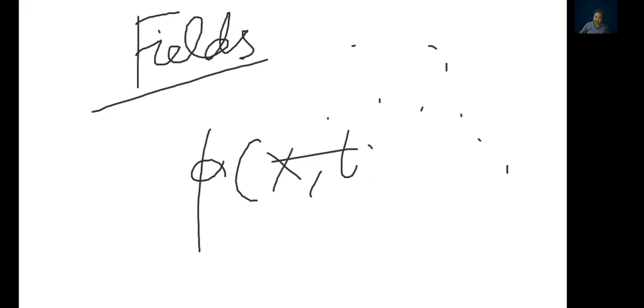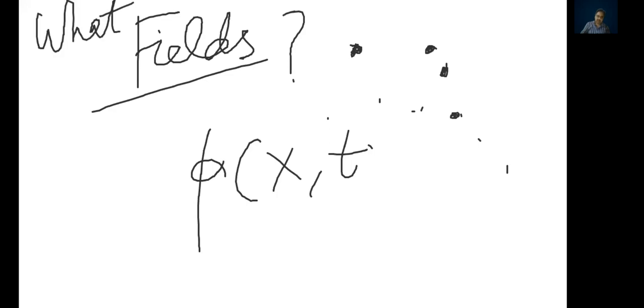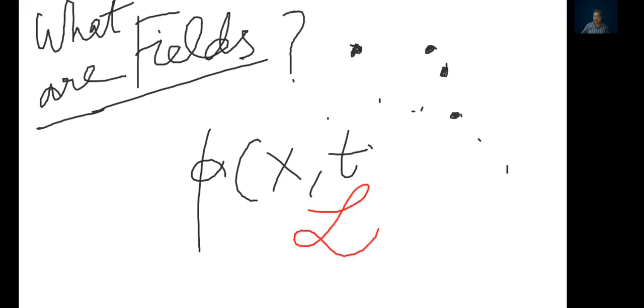So at each point, you can go and ask the question, what is the value of phi here? What is the value of phi here? This is actually the meaning of a field. And therefore, for such kind of quantities, we define the Lagrangian densities. So this was one thing which I wanted to tell you.